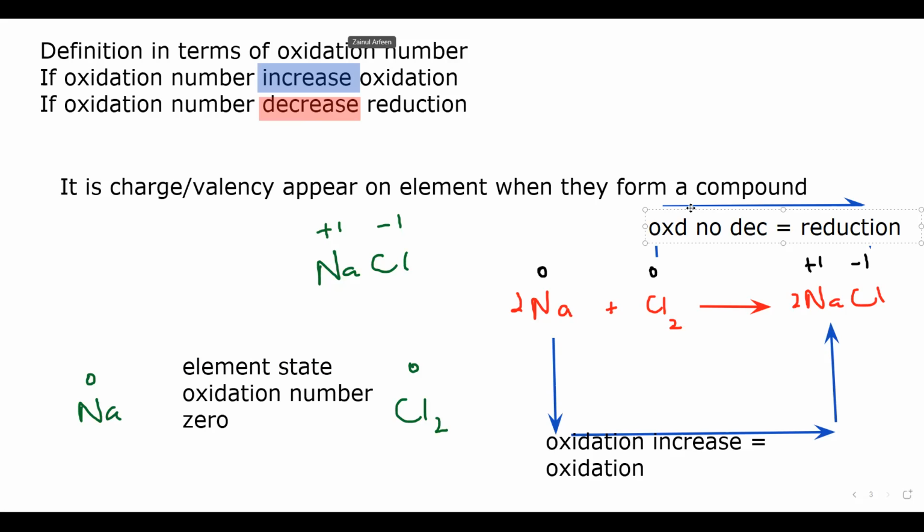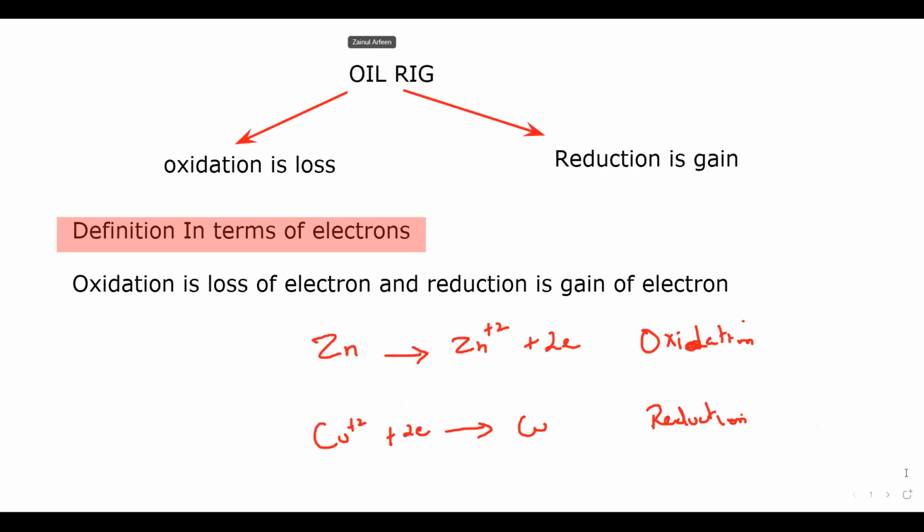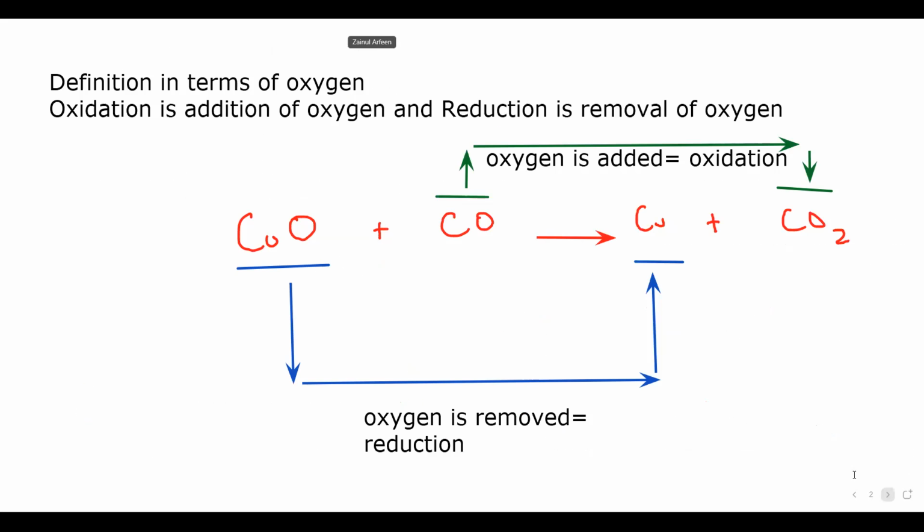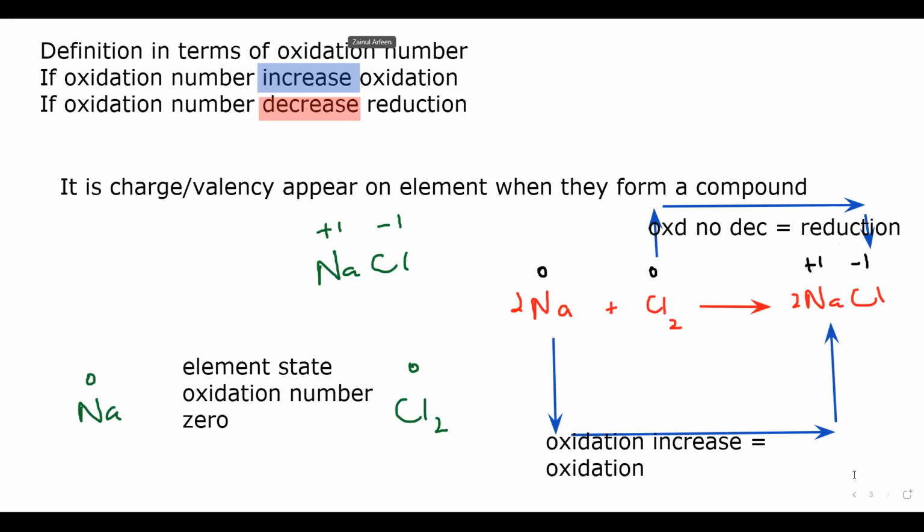Is this example clear? That is how we can identify whether it is oxidation or reduction using the oxidation number. Oxidation number is a charge that appears on an element when they form a compound. Any doubt till this point? I'll give more examples to improve your understanding, but this is the basic idea: when oxidation or reduction happens, it can be defined in 3 ways: in terms of electrons, in terms of oxygen, and in terms of oxidation number.